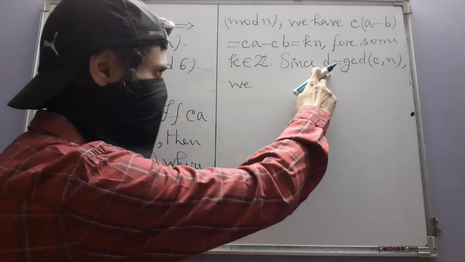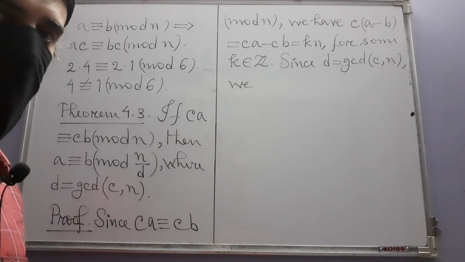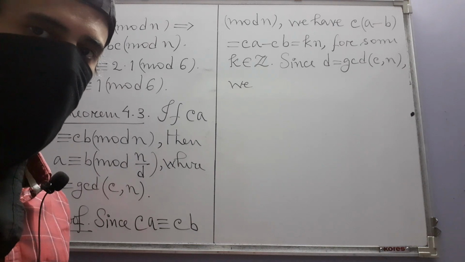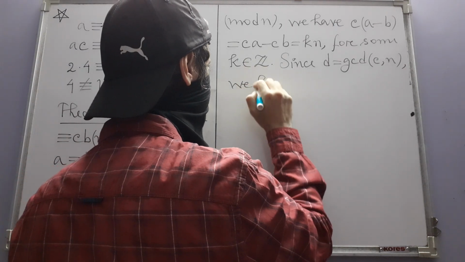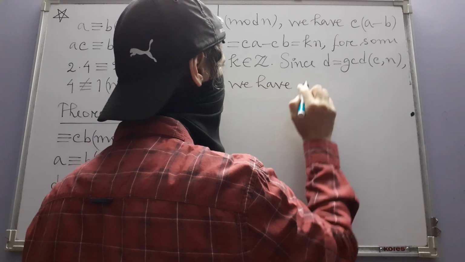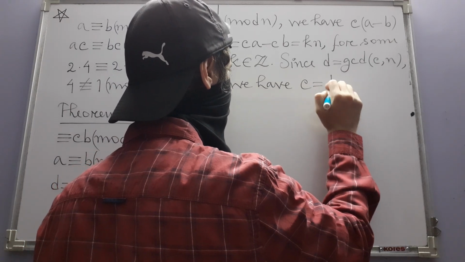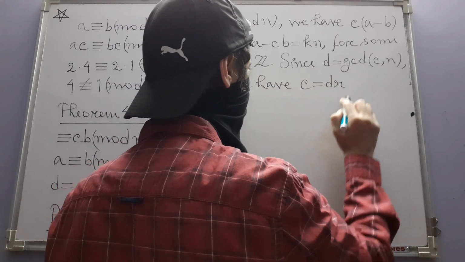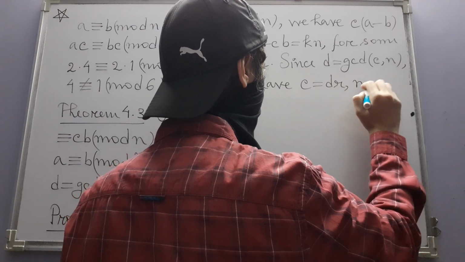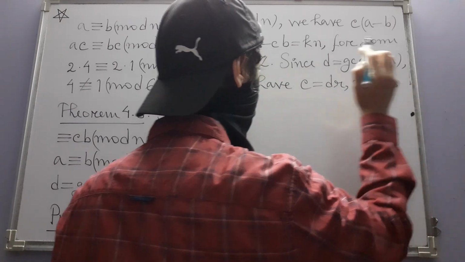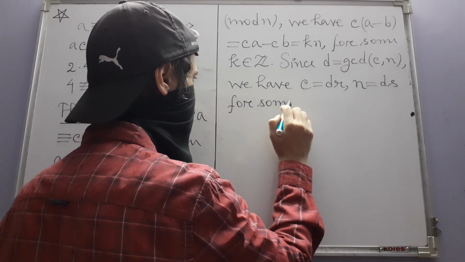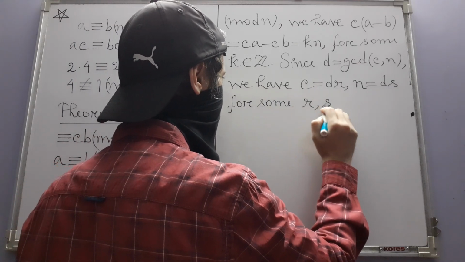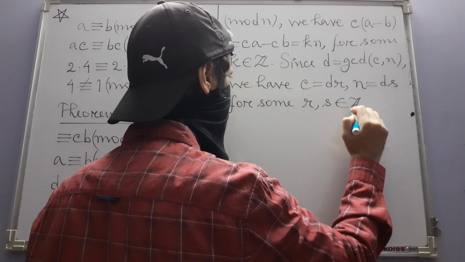That means d divides both c and n. So both c and n are going to be multiples of d. So that's why we have, say, c is dr and n is ds for some integers r and s.